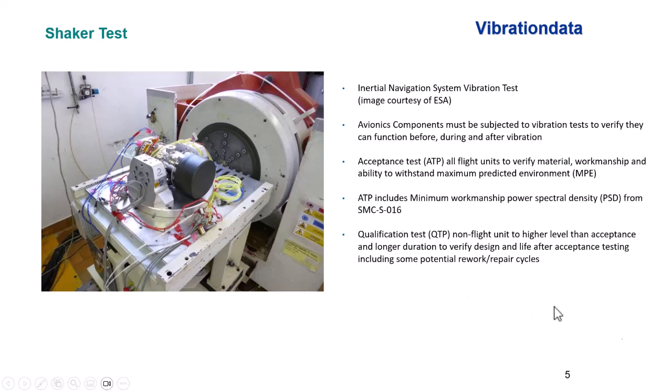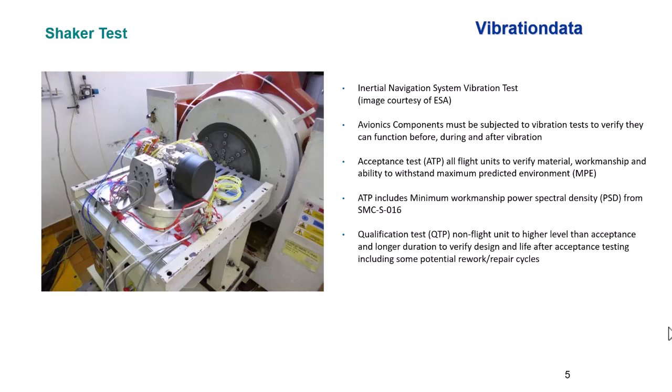SMC-S-016, and that spells out what components need to be subjected to acceptance testing. And this will be for 100% of flight units per SMC-S-016. Now, acceptance testing really has two purposes. We want to verify that the parts and workmanship are good to go, and that can be concerns about solder joints, fasteners that might back out if they're not torqued down properly or don't have the proper locking hardware.